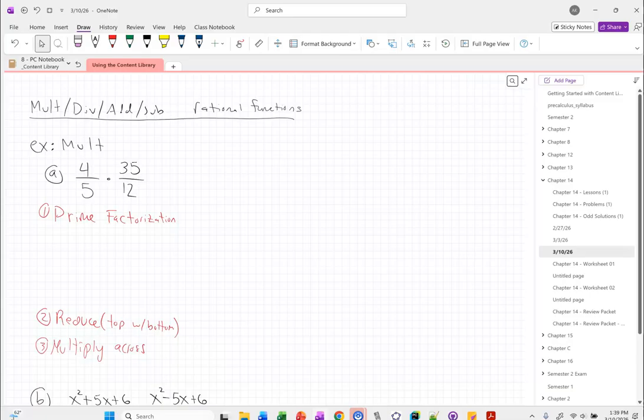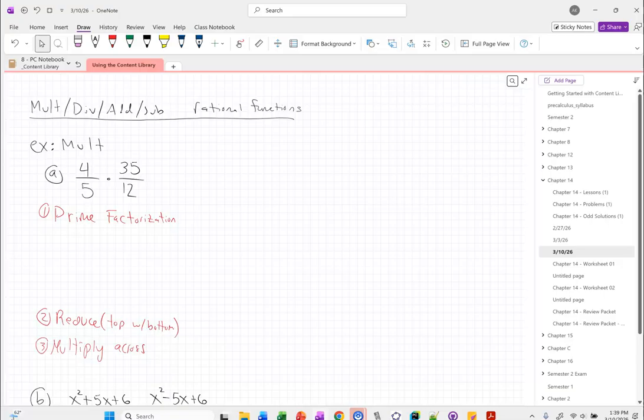The steps are the same, it's just how you execute the steps that's a little bit different. So we're going to look at an example of each of these: add, subtract, multiply, divide. We're going to start with the fraction, build out the process, and then generalize that to the polynomial. Everybody okay?